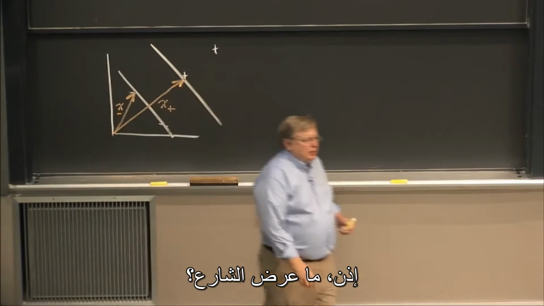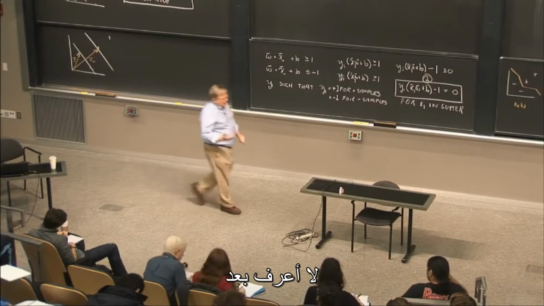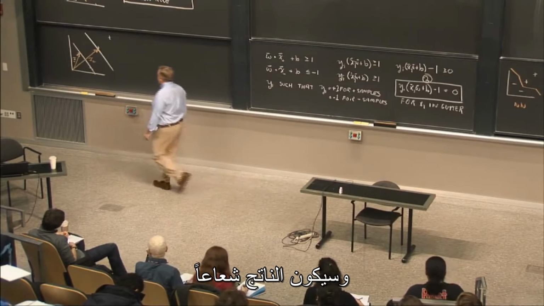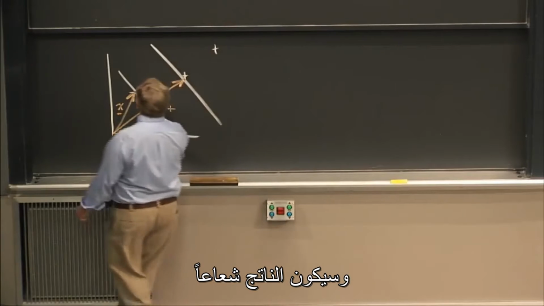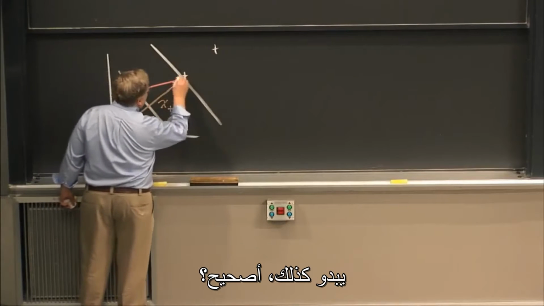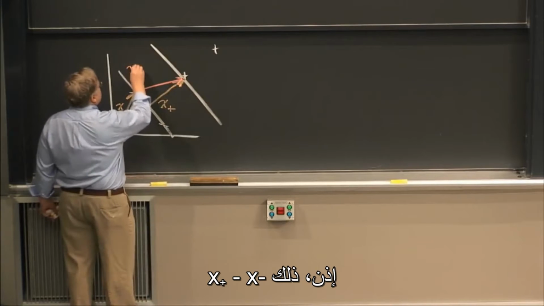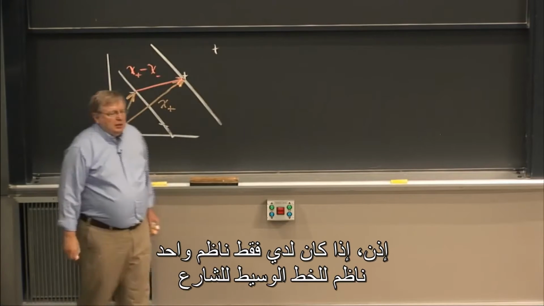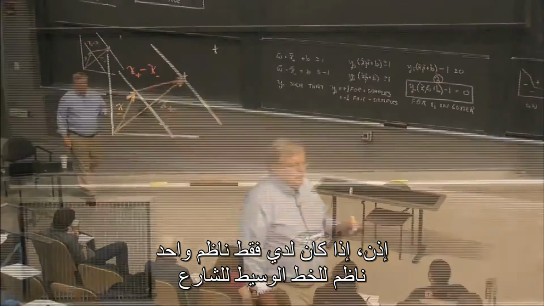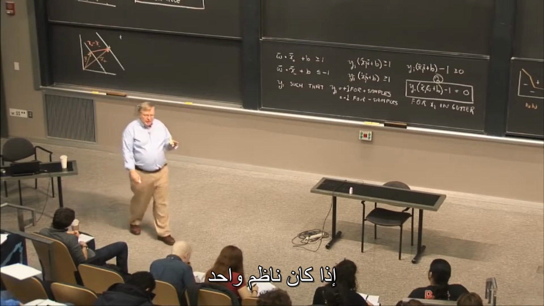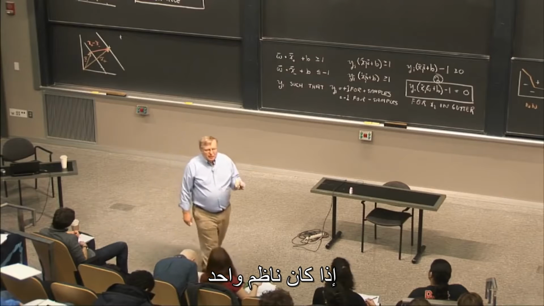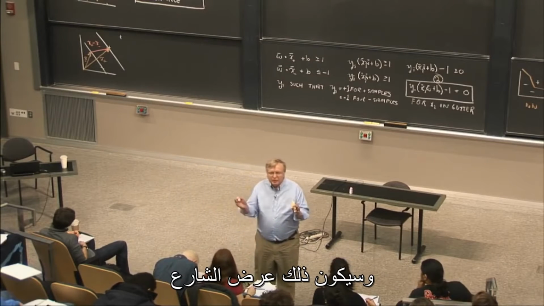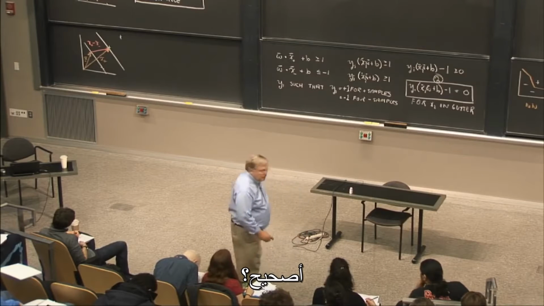So what's the width of the street? I don't know yet, but what we can do is take the difference of those two vectors, and that will be a vector that looks like this, right? So that's x plus minus x minus. Now if I only had a unit normal that's normal to the median line of the street, then I could just take the dot product of that unit normal and this difference vector, and that would be the width of the street, right?